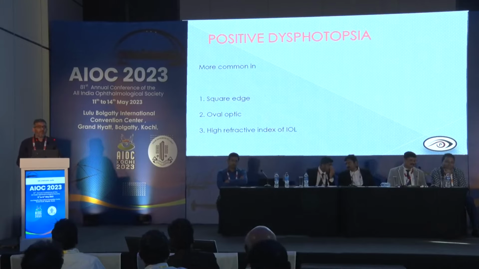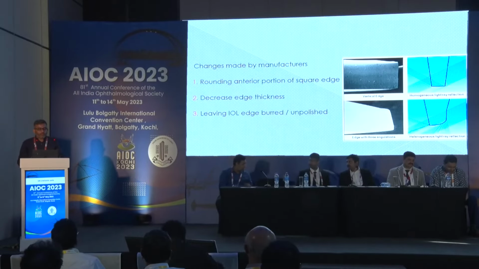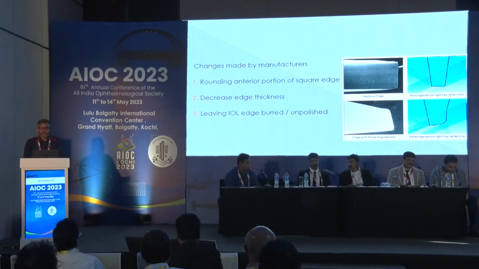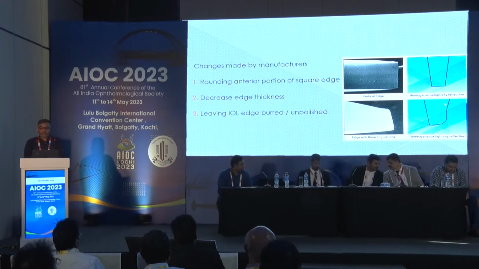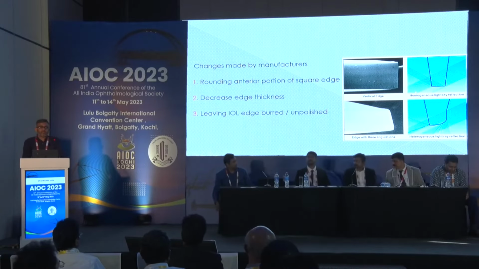Earlier there were some IOLs with an oval optic. Again, these had more positive dysphotopsia, and also IOLs with a very high refractive index like an Alcon IQ. So changes made by the manufacturers are from the square edge, rounding of the anterior edge. This makes sure that there is not much total internal reflection happening there. The light just gets scattered.